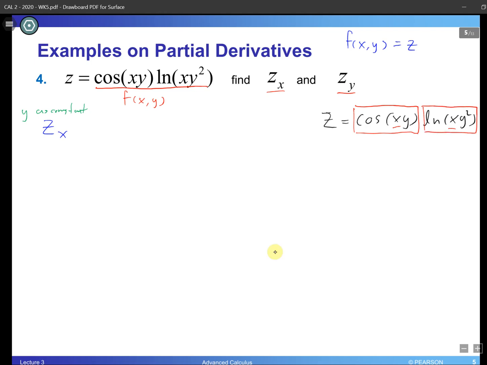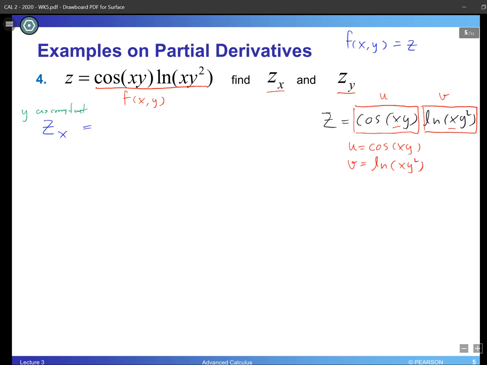Each of these has x in it. So this one I'm going to call u and this one is v. Let me write it down again. u is equal to cosine of xy, which has x in it, and v is equal to ln of xy squared, which also has x in it. I am going to proceed on this, and definitely I need to use the product rule.